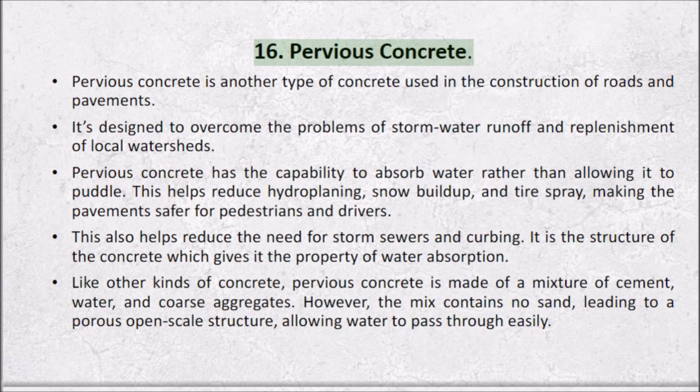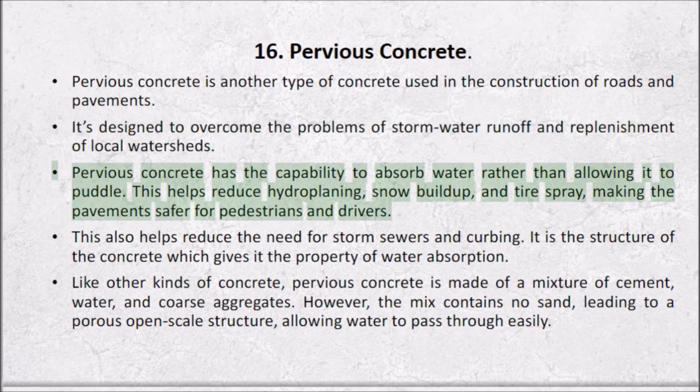16. Pervious concrete. Pervious concrete is another type of concrete used in the construction of roads and pavements. It's designed to overcome the problems of storm water runoff and replenishment of local watersheds. Pervious concrete has the capability to absorb water rather than allowing it to puddle.